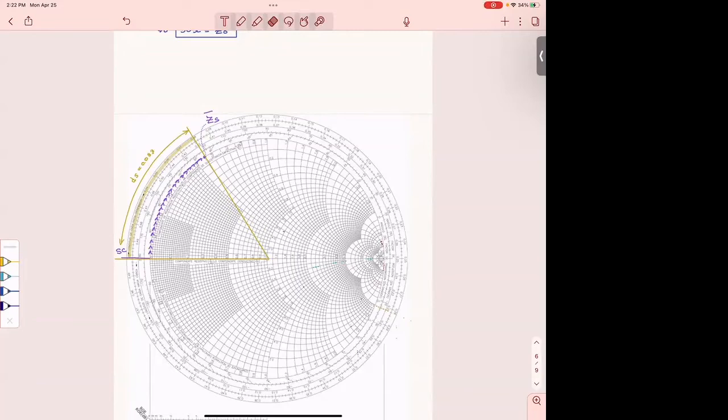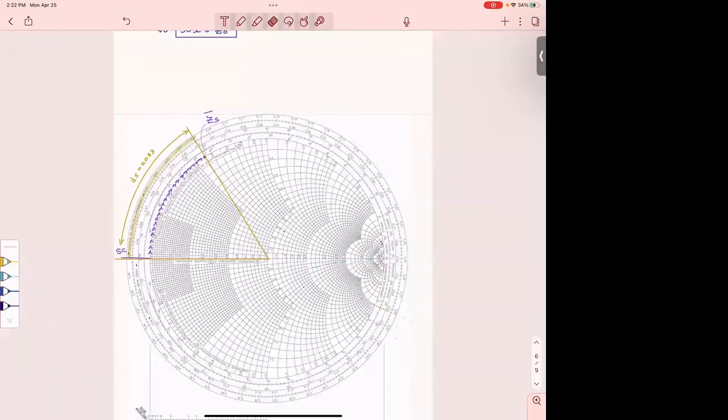Now let's assume that somebody comes and says, "Could you tell me how long the stub would be if you had an open at the end? How would you do that?" Well, we know what we need to see at the entry point to the stub. But if the stub had an open at the end, that means the termination of the stub will be at the open end here.